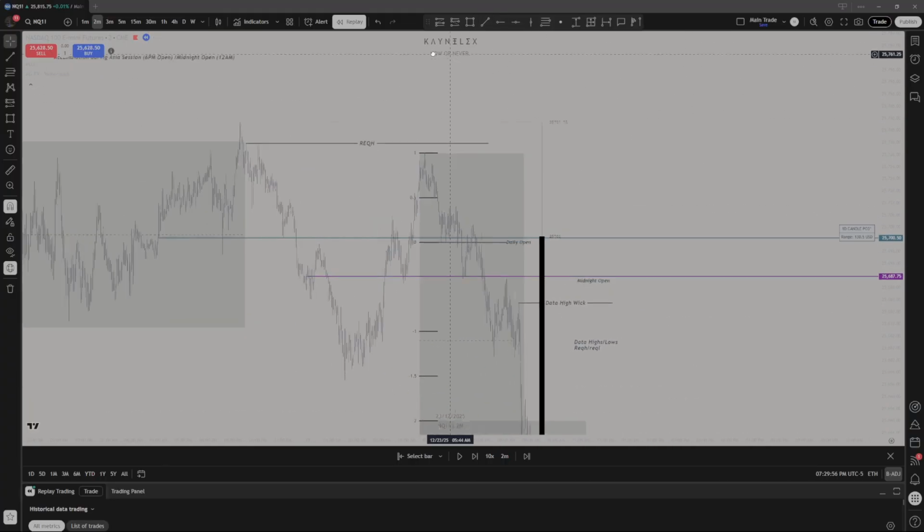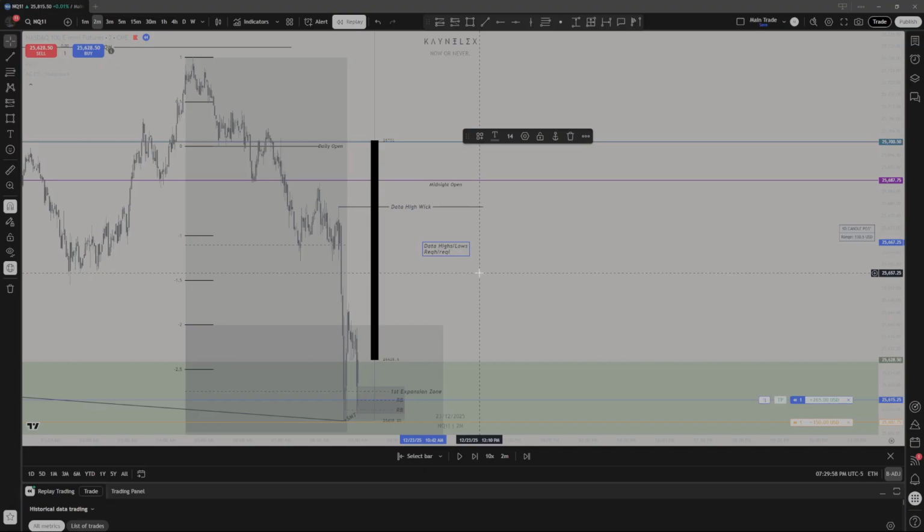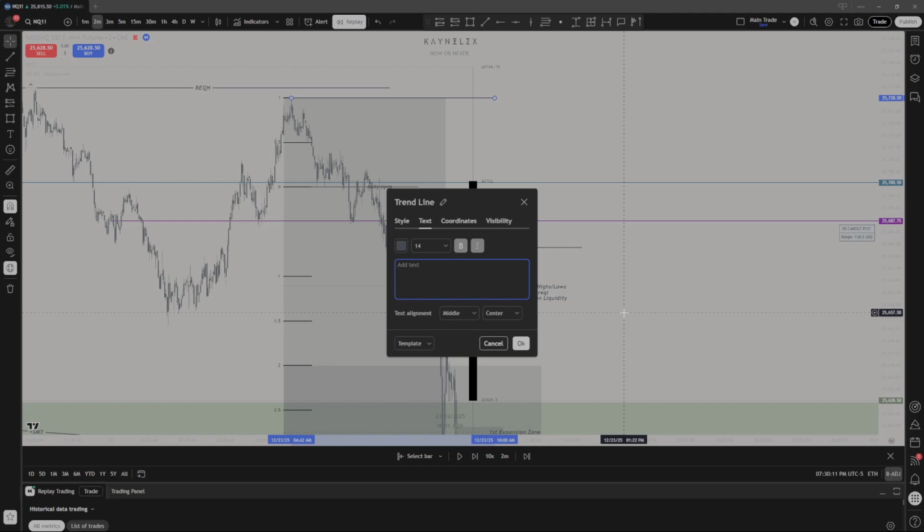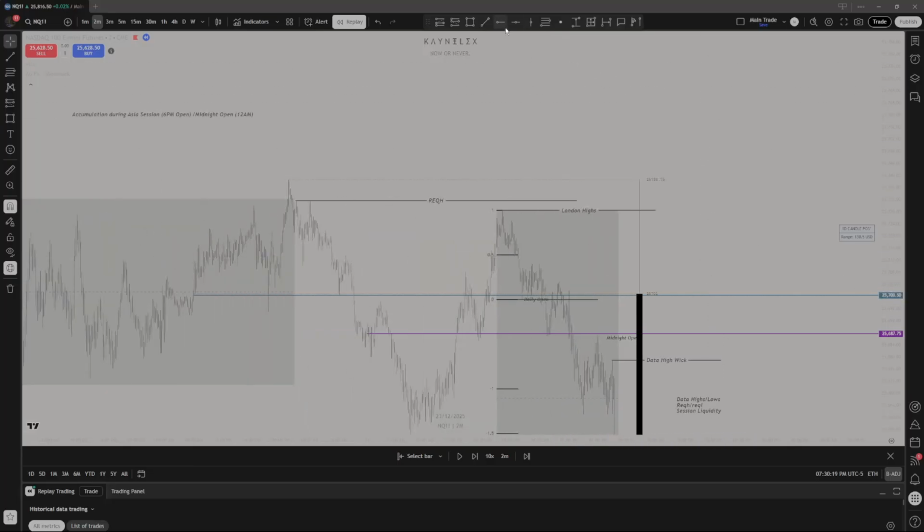And also session liquidity. You would mark out London highs, which was where the standard deviation was projected. So that would be even a much stronger draw on liquidity. So you can go for London highs and Asia highs right here.